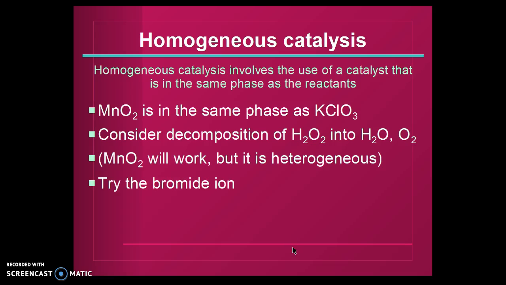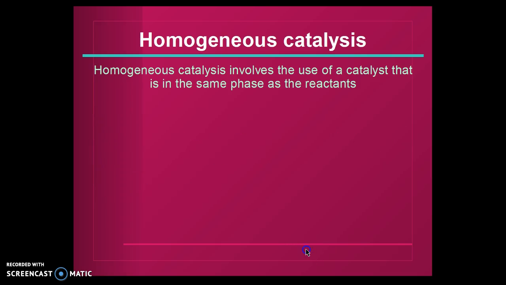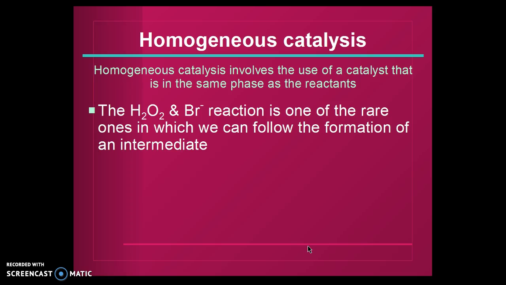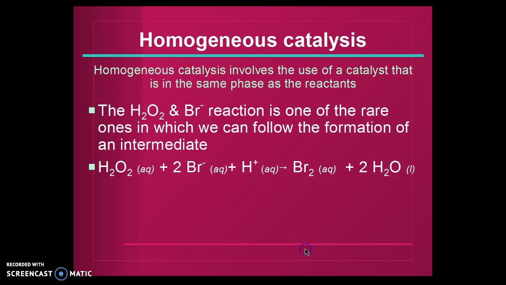We can try the bromide ion in a 1 molar potassium bromide solution, mixing that with the hydrogen peroxide. This reaction is one of the rare ones in which we can actually see the formation of an intermediate step. The hydrogen peroxide reacts in the first step with bromide and the presence of hydrogen ions to form bromine, kind of a solution of bromine, and water.